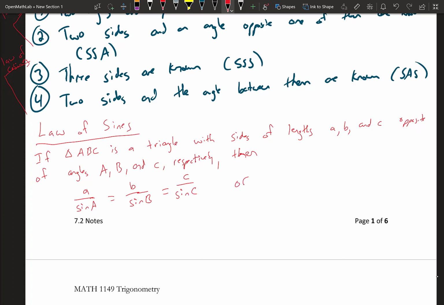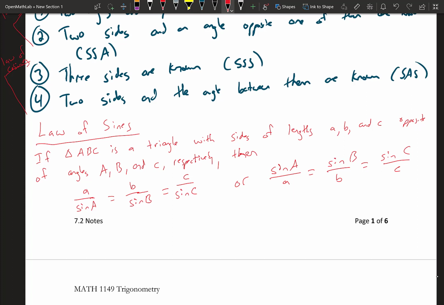Or we can just take the reciprocals of everything: the sine of angle A divided by a equals the sine of angle B divided by b equals the sine of angle C divided by c. This is known as the law of sines.